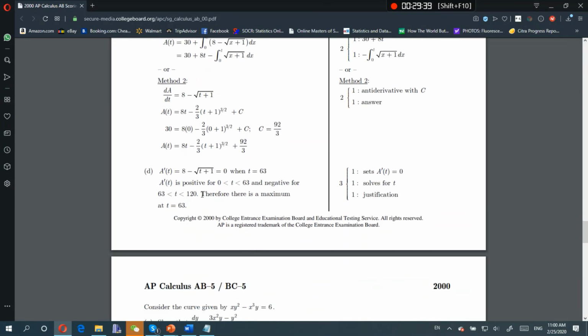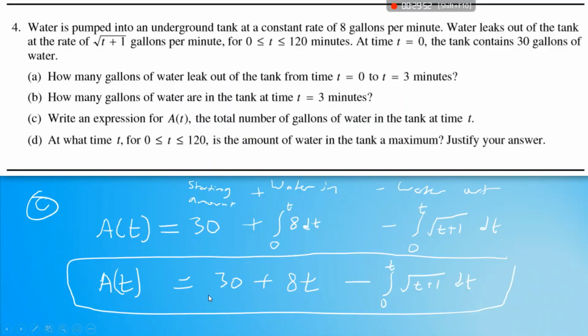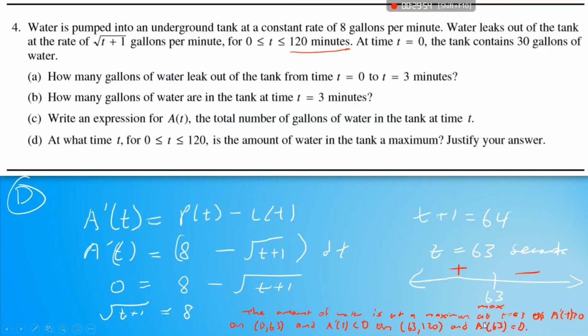And then sets A prime of t equal to 0. We did that. Solves for t, 63. And then justification, we're positive before 63, negative after 63, and have a maximum. Okay, we've got a maximum at t equals 63 because we're positive before and negative after. Okay, I think we would get full credit for all of this.